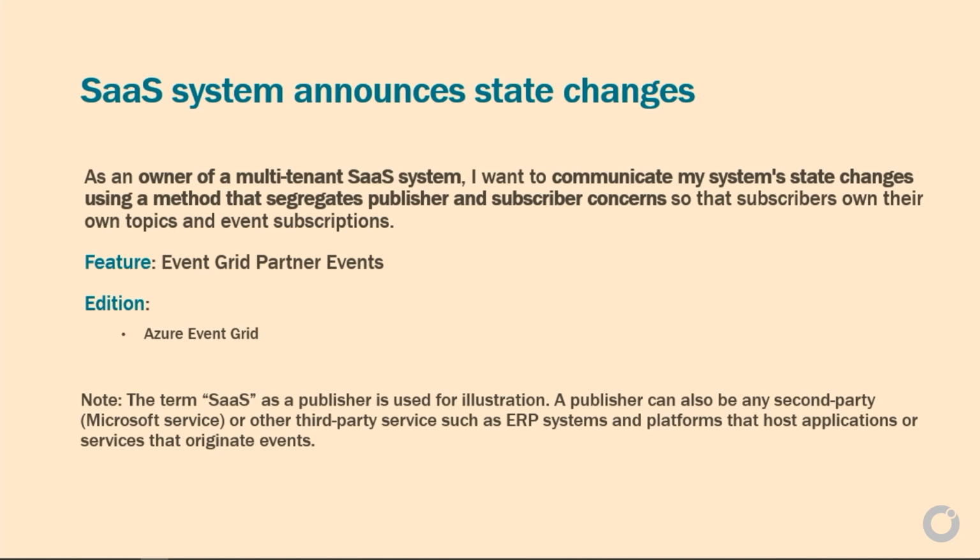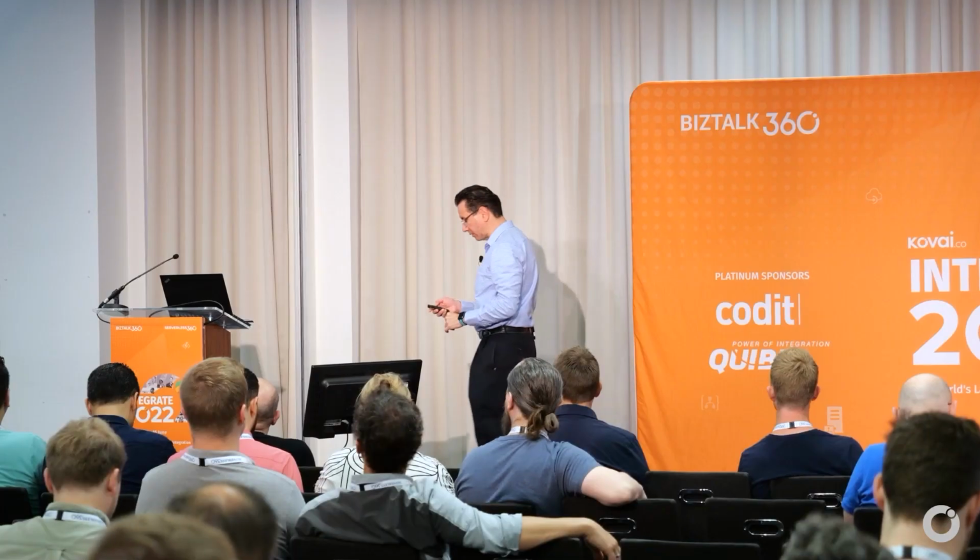We call the feature that enables this partner events, because we like to use the word partner in Microsoft. Those partners, external entities sending events to us, are usually SaaS providers, can be ERPs, can be a platform, but it's usually multi-tenant. So it needs to be landing events from different organizations in Azure.